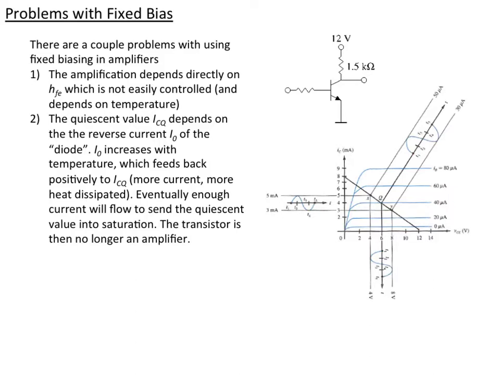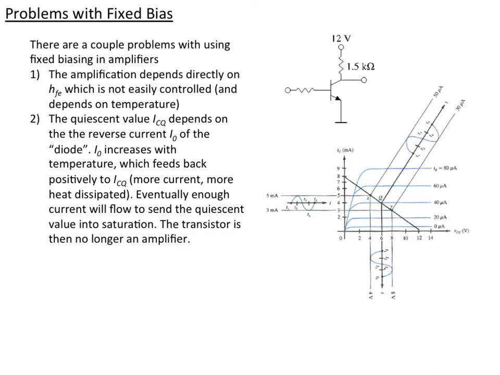The second thing is that the current that flows between the base and the emitter is basically like a diode, and it has a reverse current that sets the scale of the whole amount of current that flows.